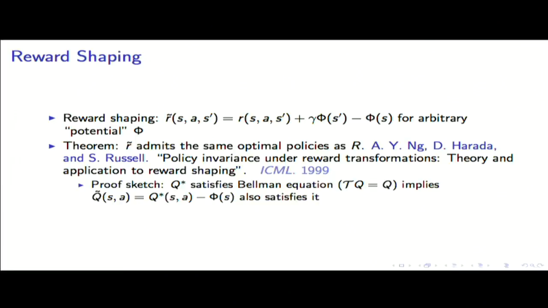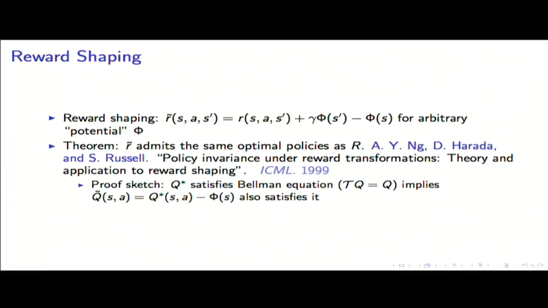The proof in the paper is based on the idea that, let's say we have an optimal Q function, Q star, which satisfies the Bellman equation with the max. So it's a fixed point under this max Bellman backup. Then this transformed Q function also satisfies it. You can show that if you do the reward shaping transformation, then the Q function gets transformed by subtracting out this potential.